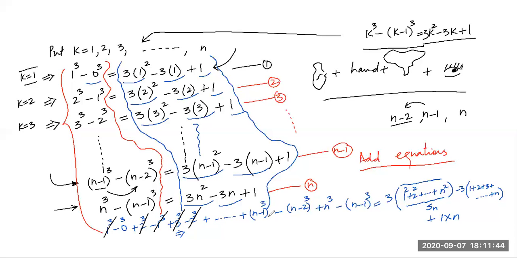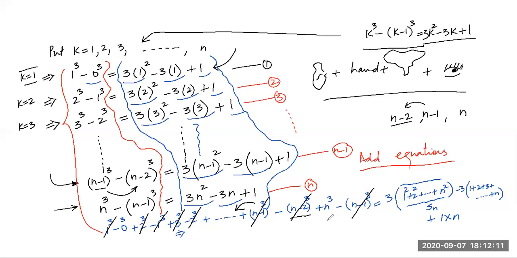And students see that n minus 1 cube is getting cancelled with minus n minus 1 cube. Similarly, as there is n minus 1 cube, before this there will be n minus 1 whole cube. So this will also cancel with the previous term.